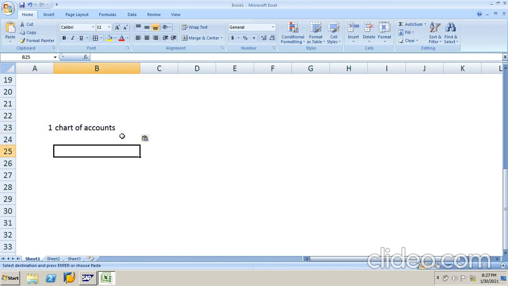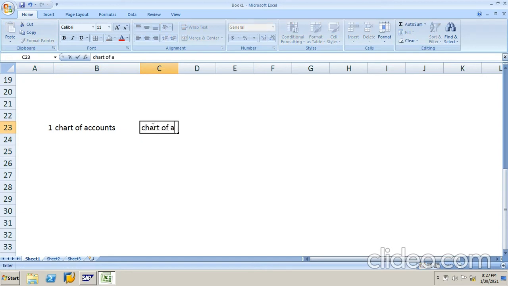So first one is a chart of accounts. Let me write what is the definition of the chart of accounts.